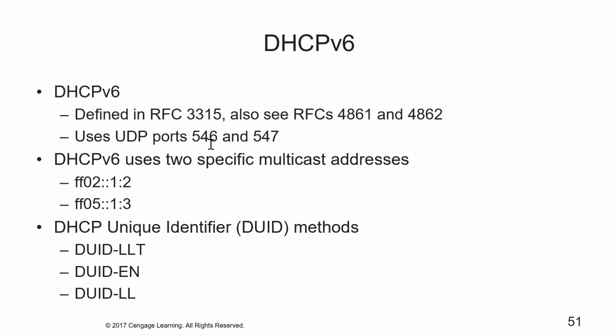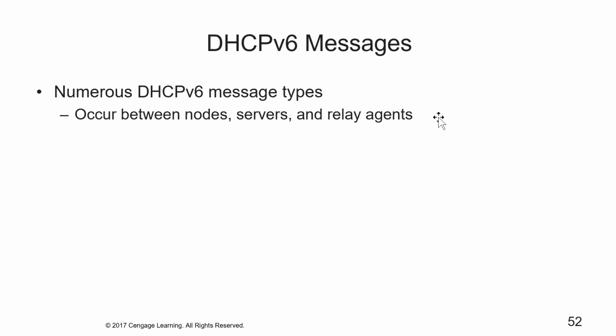And the DHCP unique identifier, or DUID, methods are DUID-LLT, EN, and LL. And there's a bunch of DHCPv6 message types, and these occur between nodes, servers, and relay agents.